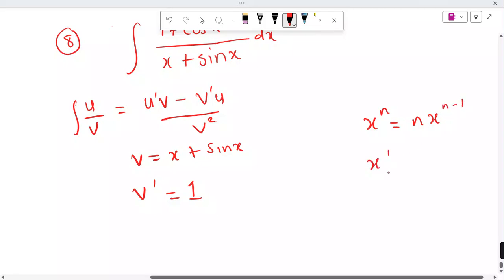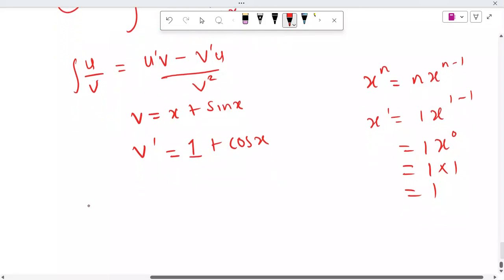So x to the power 1 gives 1 times x to the power 1 minus 1, which is x to the power 0, which is 1, so 1 multiplied by 1 is 1. Then plus differentiating sine x, which is cos x.